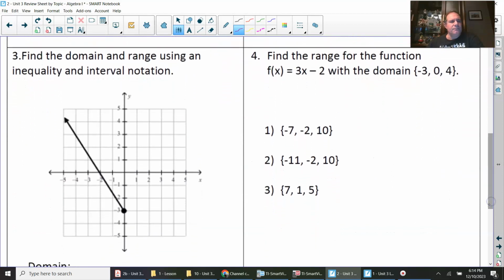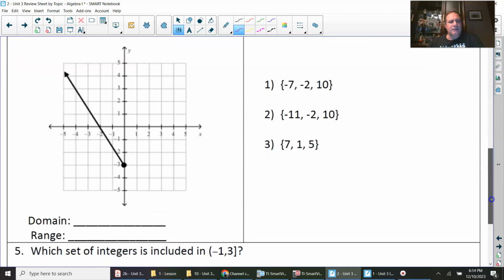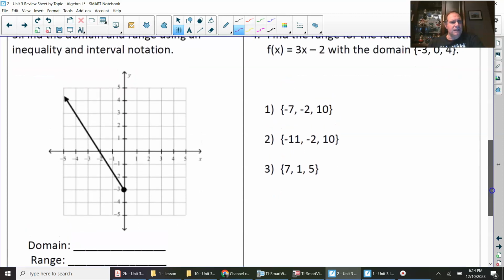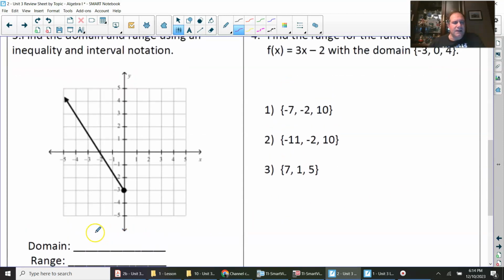All right, find the domain and range. And again, we're going to use interval notation and inequality. All right, so we're talking about the domain. So one number is circled. So I'm just going to put x on my page, and I'm going to put that one number as 0. So going in this direction on the x-axis forever, it is x is less than or equal to 0.